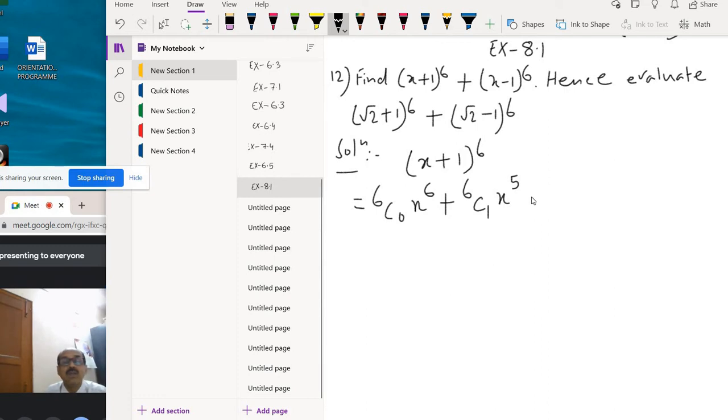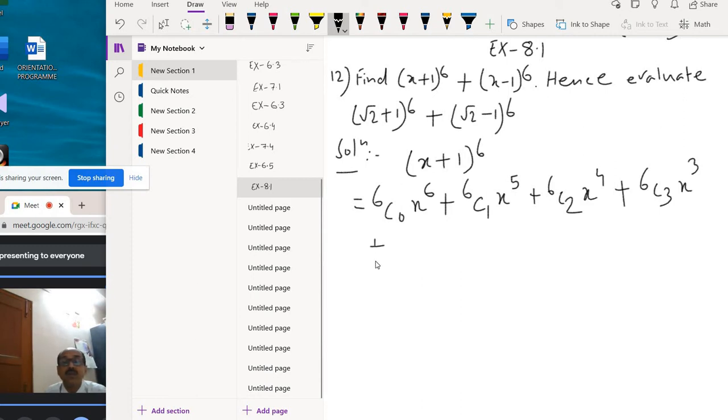Plus 6C2 into x to the power 4 into 1 square, which is 1 only. Plus 6C3 into x cube into 1 to the power 4, which is 1 only, so x cube only.